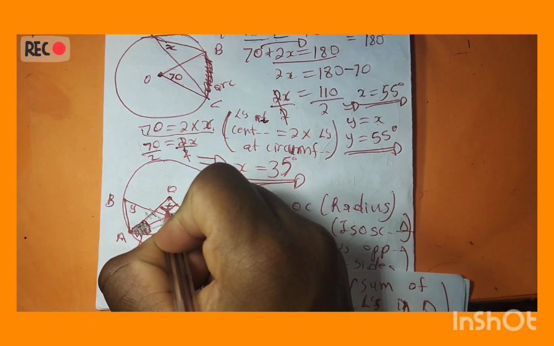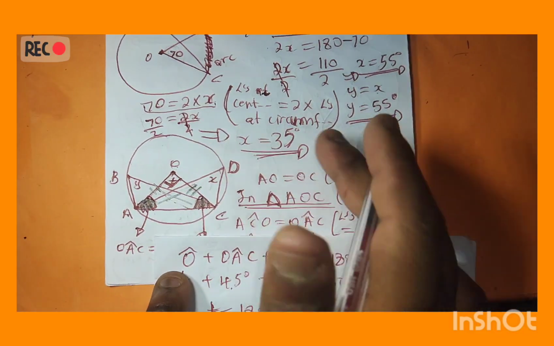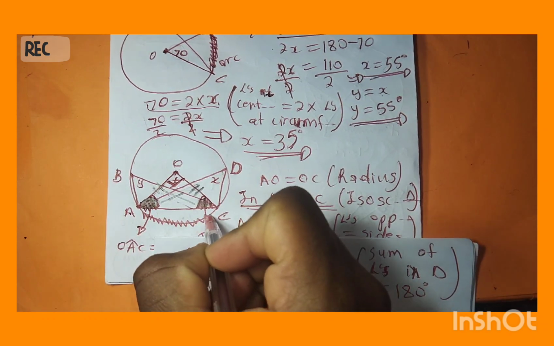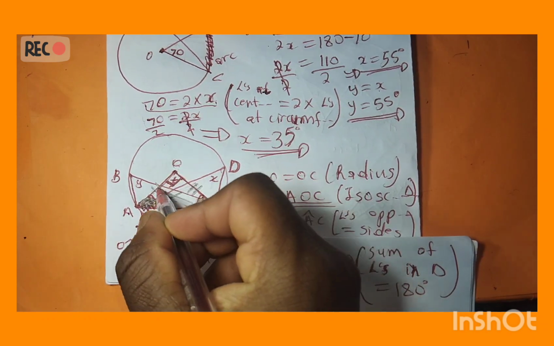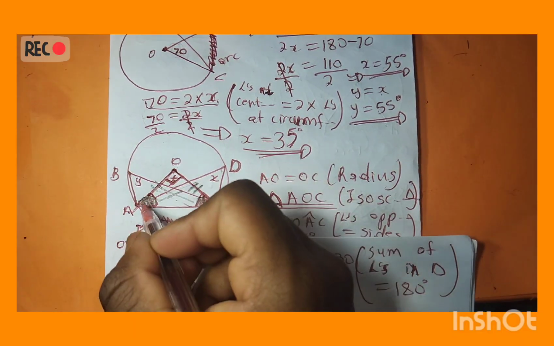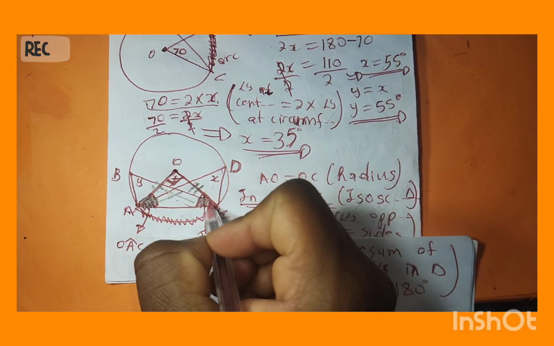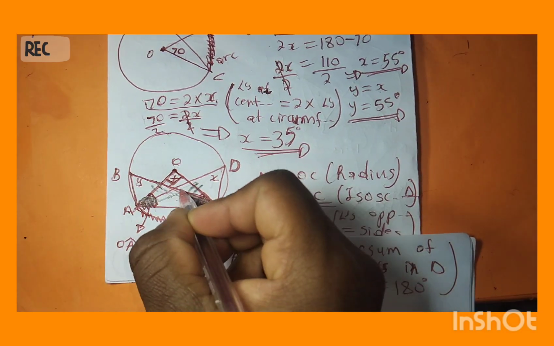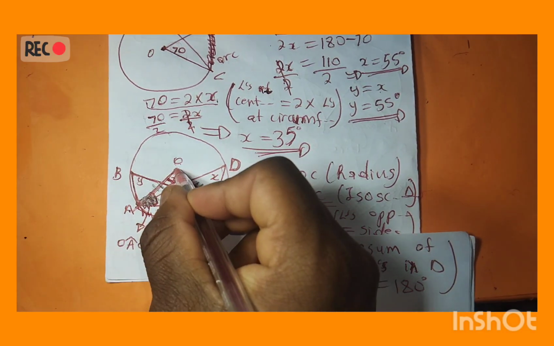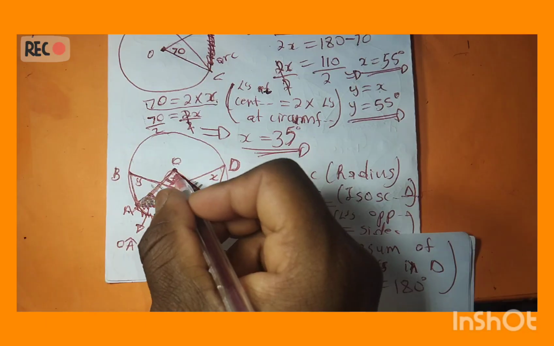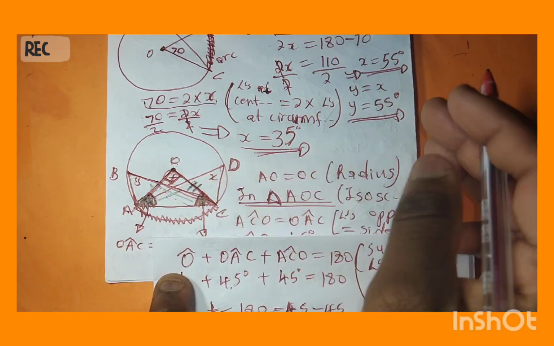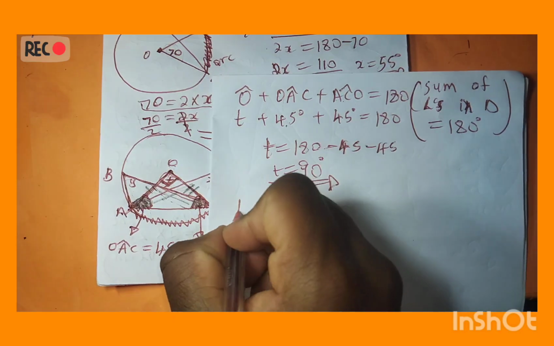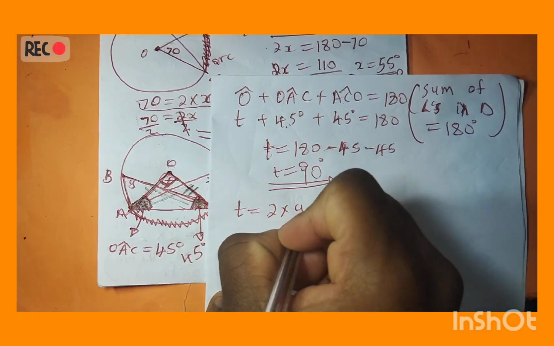We have 90. And now I can say that this is an arc. That arc, guys, forms the angle at the center, which is twice the one that it formed at the circumference. So straightforward, I can just say t is equal to 2 times y.